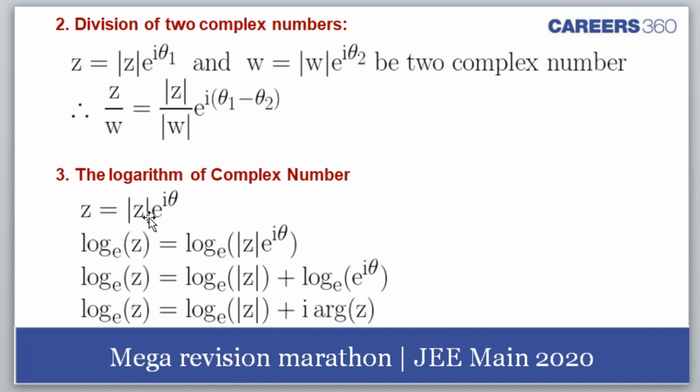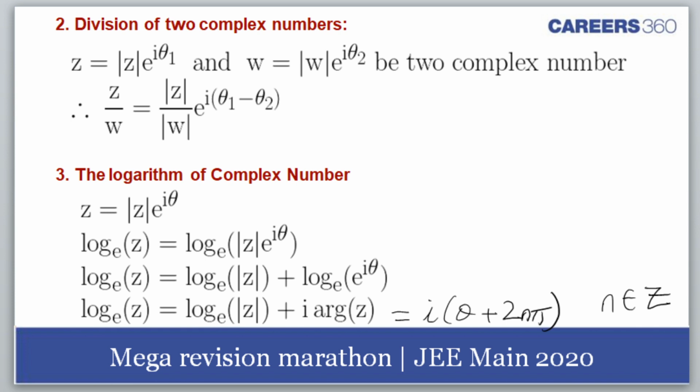Log z, if I take log both sides, then it would be log r e^(iθ), and here I add i times the argument of z, that is iθ plus 2nπ. 2nπ comes because its periodicity is 2π, where n belongs to integers. So log does not have one value, it's a multifunction. Ayush, I would request you to replay the offline version of the video. Right now I will move forward.